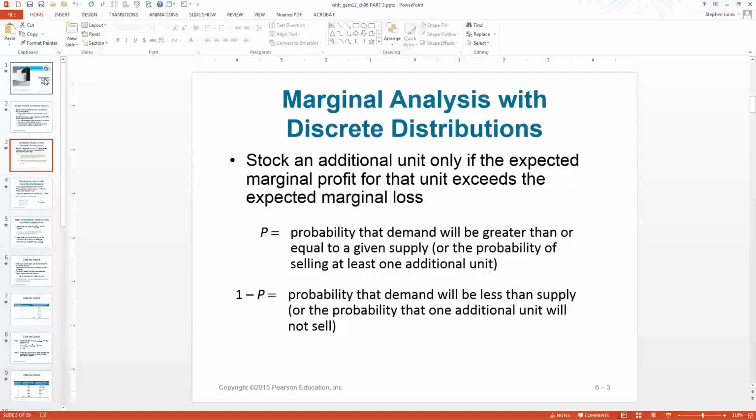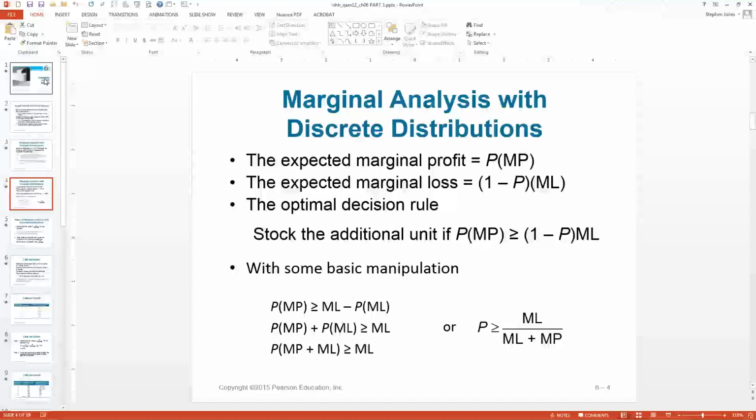So we're going to look at probabilities: the probability that the demand is greater than or equal to a certain supply, the probability of selling at least that one additional unit, versus the probability that you're not going to be able to sell it. That is the probability of profit making versus the probability of loss. And that's really what you're looking at here.